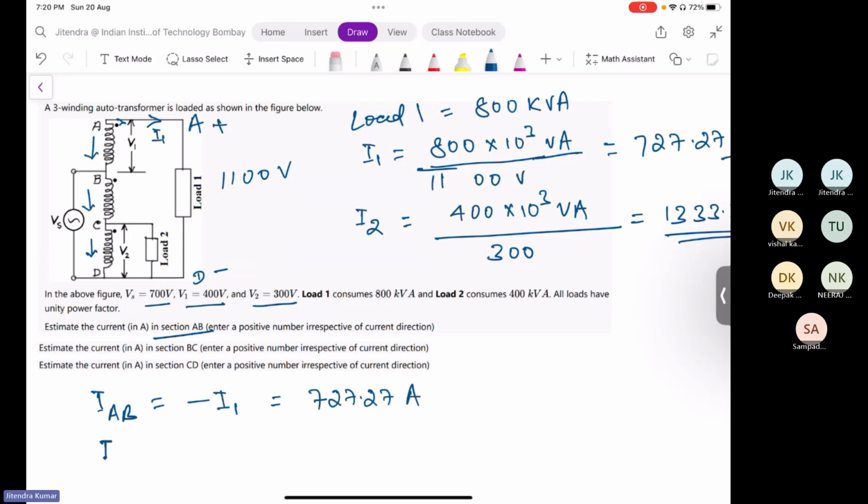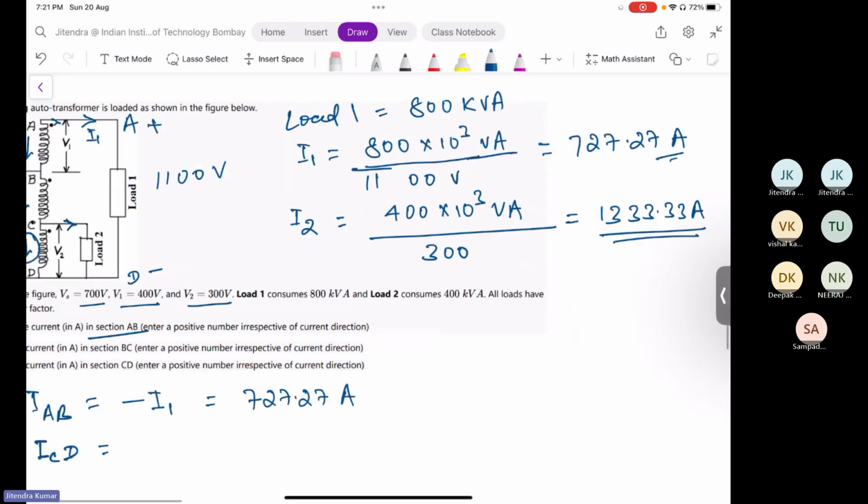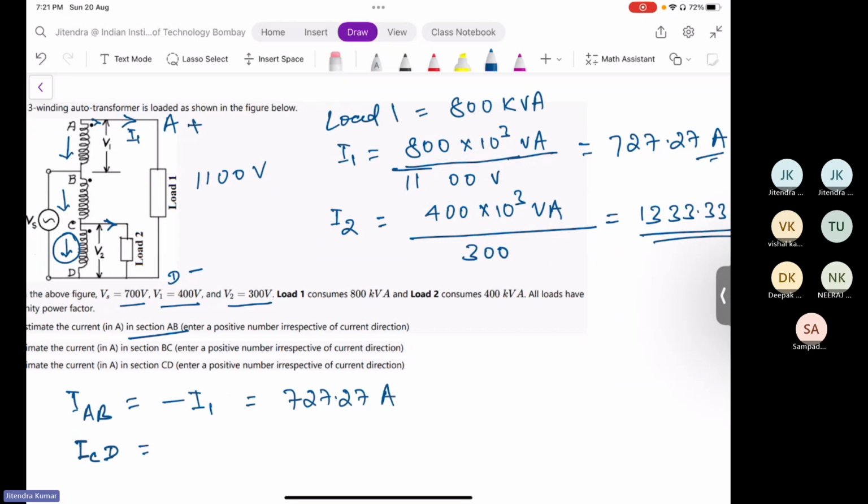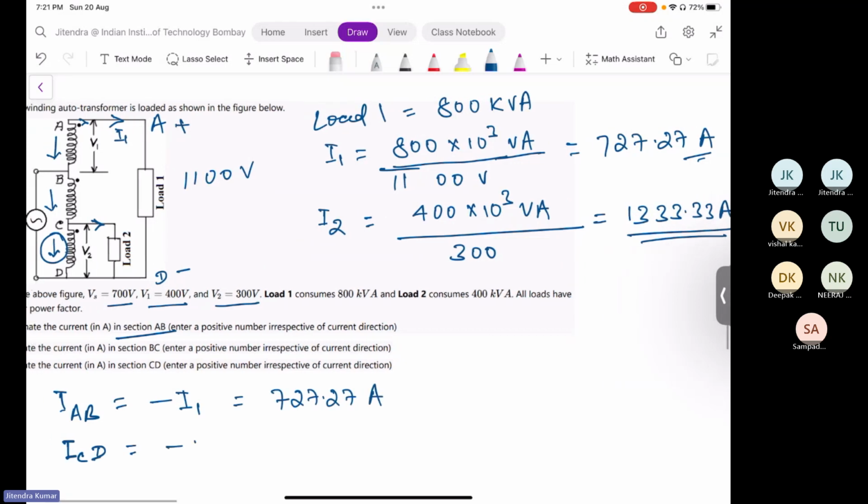ICD, this current will go in this direction, so ICD will again be negative. Why negative? Because we have taken this polarity of current, but ideally that current should be supplied to the load, so it will be reversed. So ICD will be minus I2, which is minus 1333.33 amps.